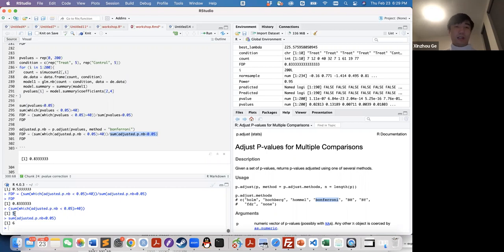So these together tell us that we always need to make sure that we have the correct model. If we have model misspecification, even after Bonferroni correction, the false discovery proportion can still be very large. And that's something that we need to avoid.